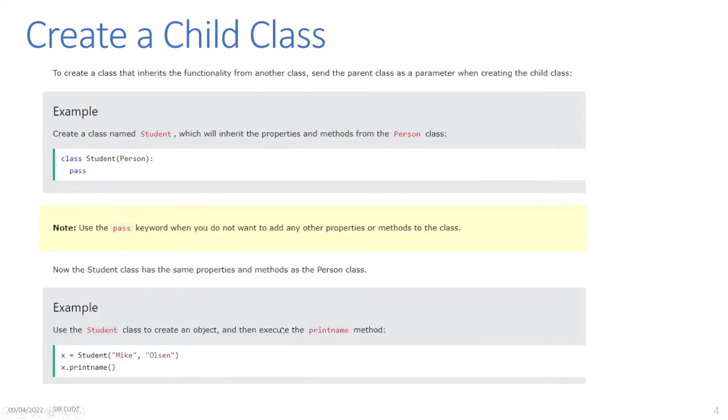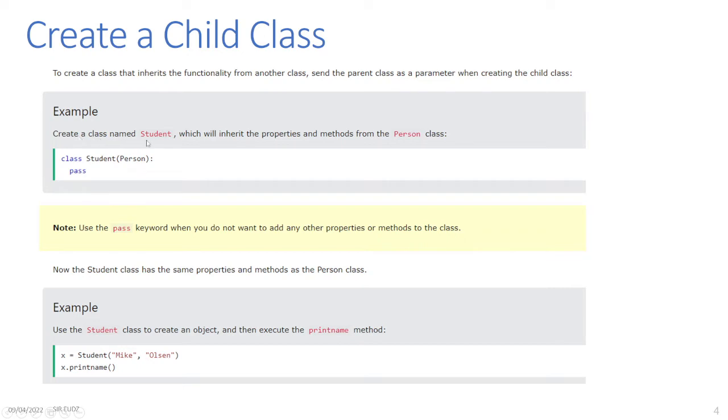Now next, we create a child class. To create a class that inherits the functionality from another class, send the parent class as a parameter when creating the child class. So here, class Student, and inside the parentheses we place the name of the parent class, Person.